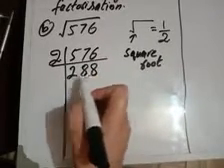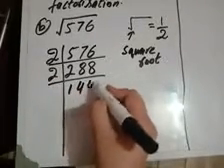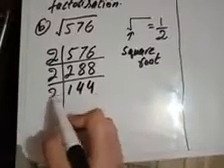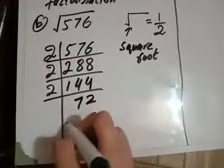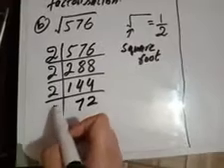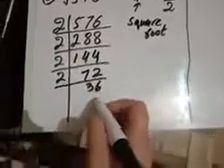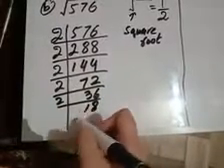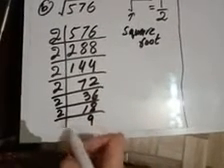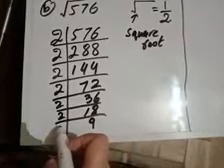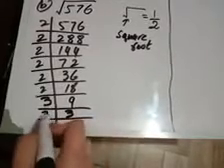Next number 288 is again an even number, so divide by 2. 2 1s are 2, 2 4s are 8 and 2 4s are 8. 144 we can again divide by 2. 2 7s are 14 and 2 2s are 4. 72 we again divide by 2, it gives 36. 36 is again divided by 2, it gives 18. 2 again divides 18, it gives 9, and 9 we divide by prime number 3. 3 3s are 9 and 3 1s are 3.